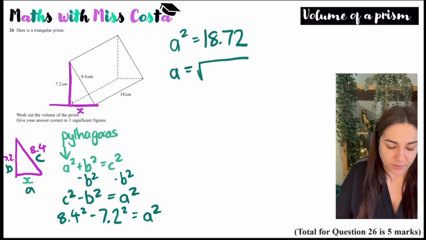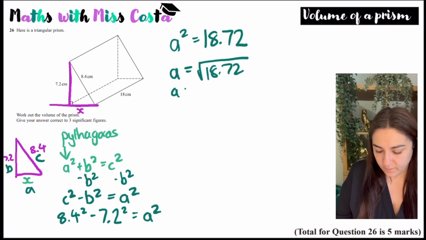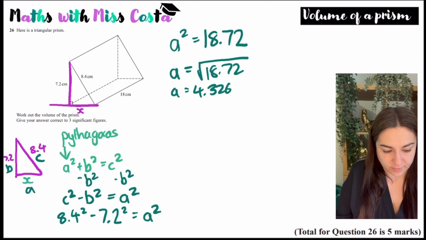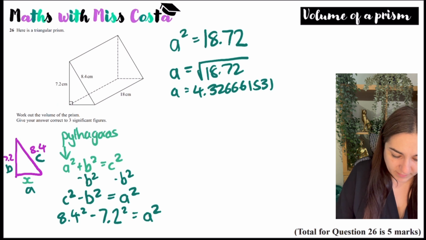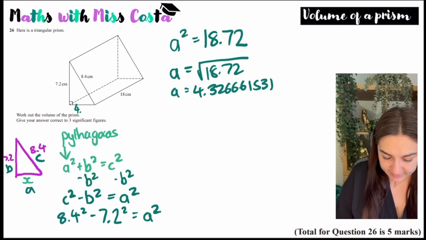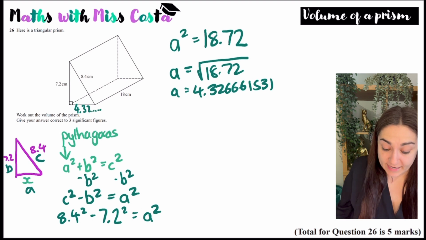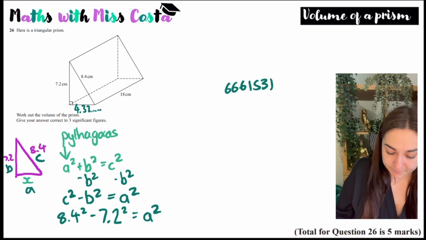So I type the square root of 18.72, which is 4.32661531. So I know now that this side is 4.32. Now, what I need to do is work out the area of the front face.